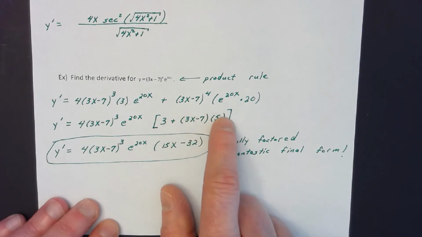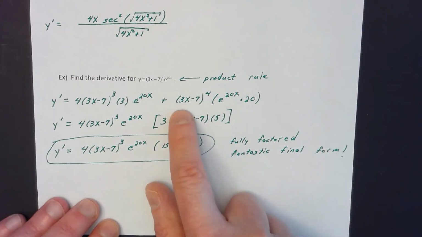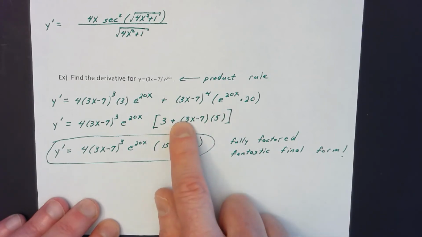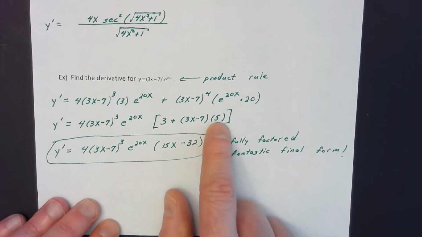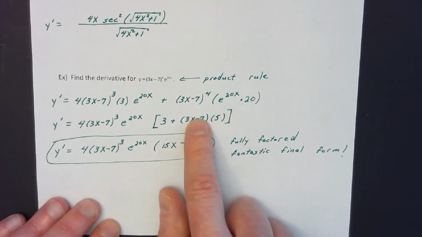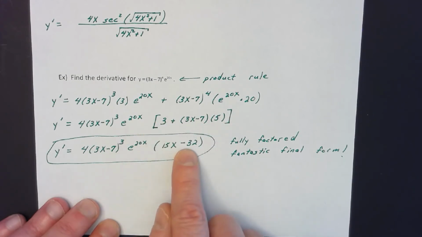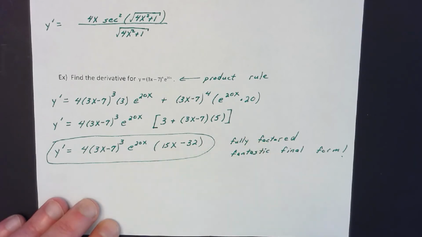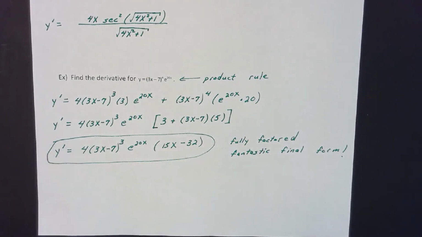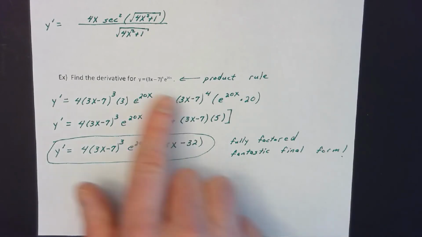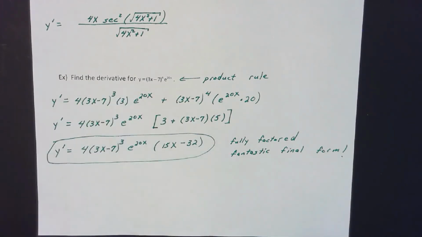You don't want any multiplication if those terms are not factors. So I distributed a 5 through this group, and I had 15x for that term. Then I would have had minus 35, but I had a plus 3 here. Well, minus 35 plus 3 gives me the minus 32 down there. So now you can see I called this the fully factored fantastic final form of the answer whenever every term in there is multiplied and simplified as far as it can go.